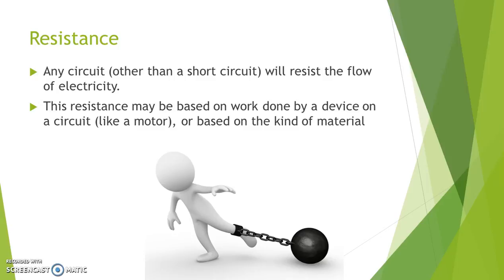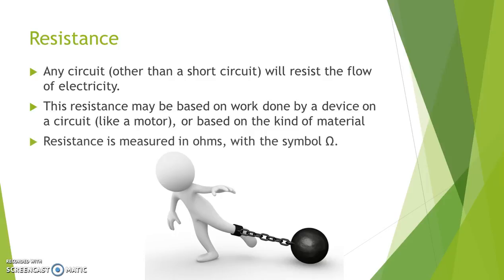It might be a light bulb providing light, or it could be simply some kind of material that doesn't conduct all that well, providing heat. At any rate, if work is done, then we see a resistance. We measure that resistance in ohms with the symbol of the Greek omega. And in schematics, we usually show resistance as a representation of a coiled wire, shown by a series of diagonal lines.